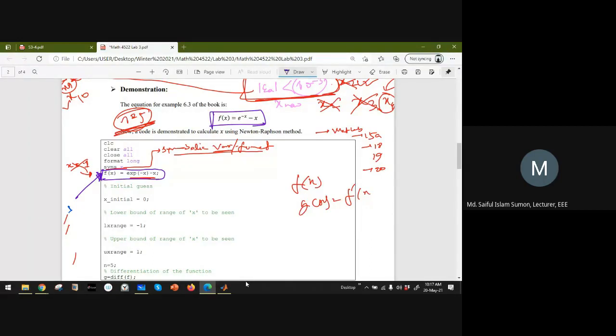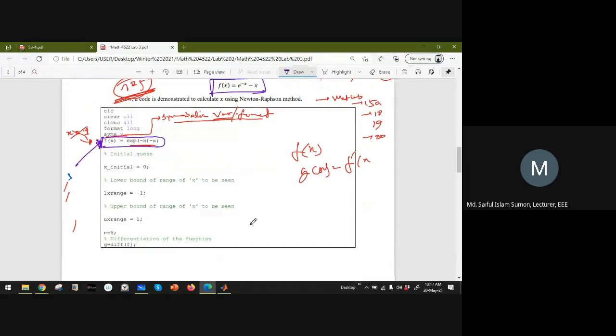Now, any initial value I want to mention, I call x0. So for this I am mentioning x0 is equal to 0. This is important. Another important thing for this code is a is equal to 5. This is the number of iterations.